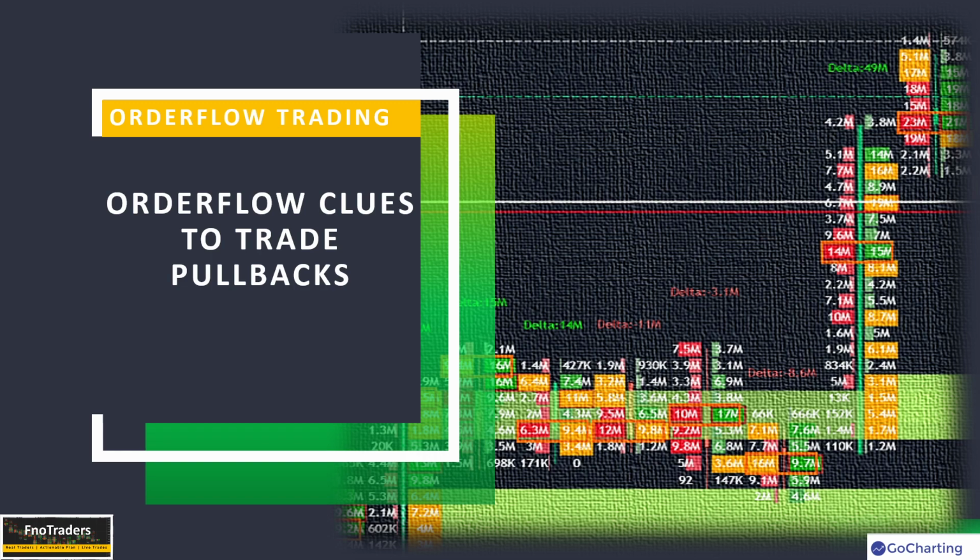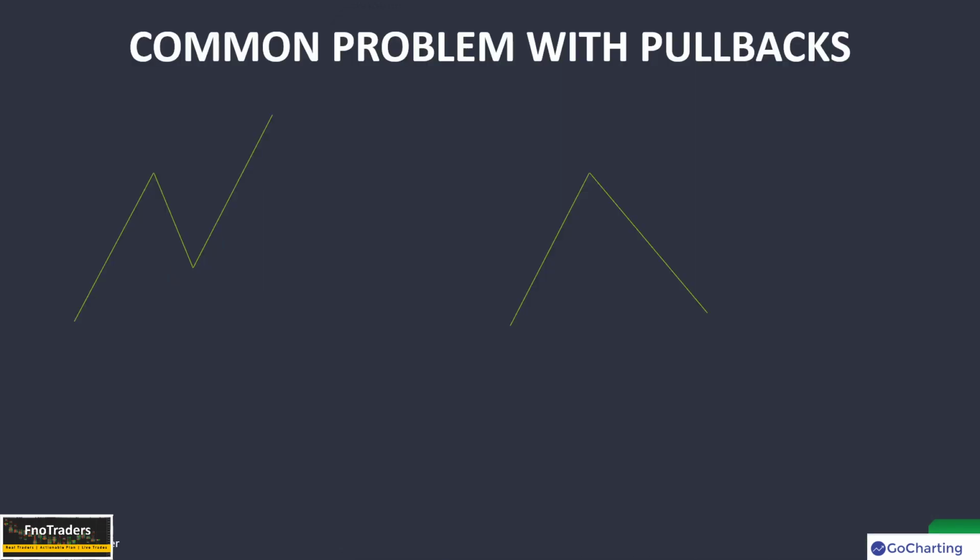and then entering it. But most of the time, the challenge we face is understanding whether the pullback is a pullback within the breakout, or a complete correction, right? So we might enter something, assuming it is a pullback, but it ends up turning out to be a complete reversal.